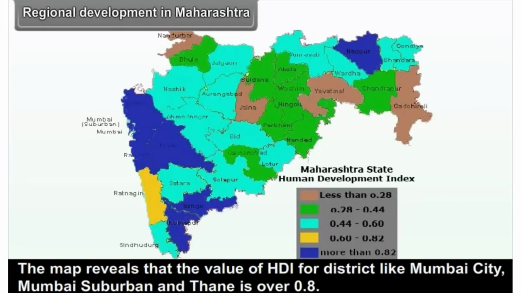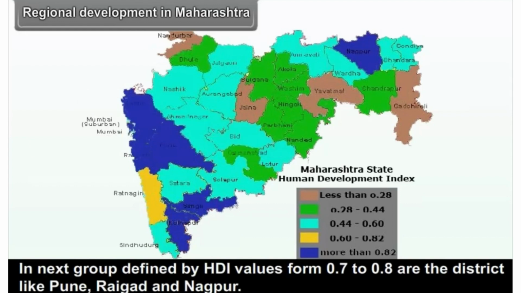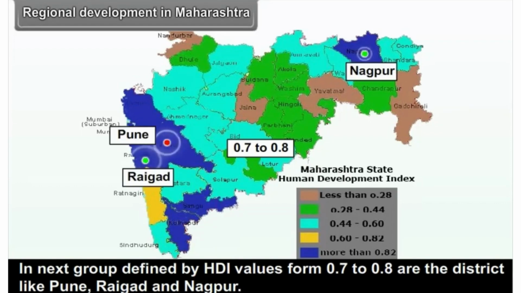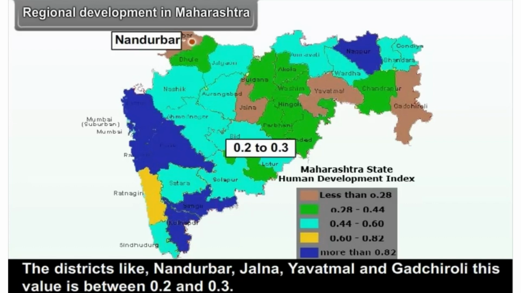This map is based on the values of Human Development Index of different districts in the state. The map reveals that the value of HDI for districts like Mumbai City, Mumbai Suburban and Thane is over 0.8. In the next group defined by HDI values from 0.7 to 0.8 are districts like Pune, Raigad and Nagpur. However, 20 districts out of 35 record HDI index lower than 0.5.